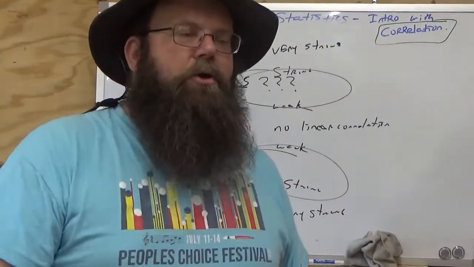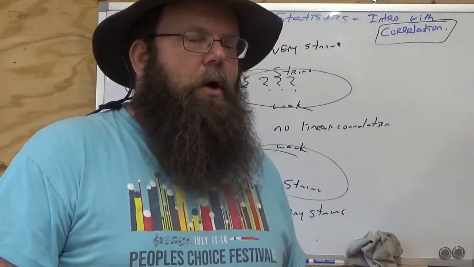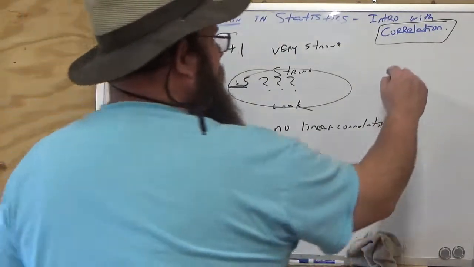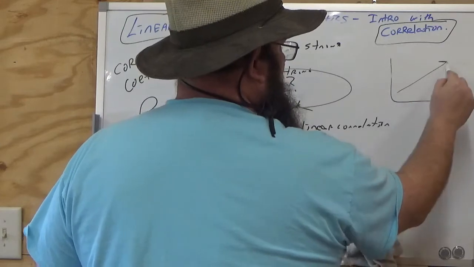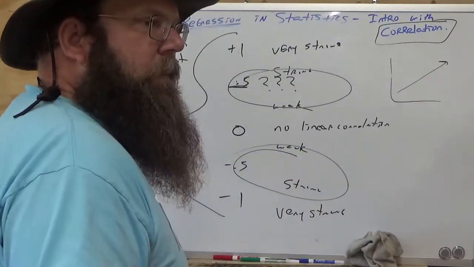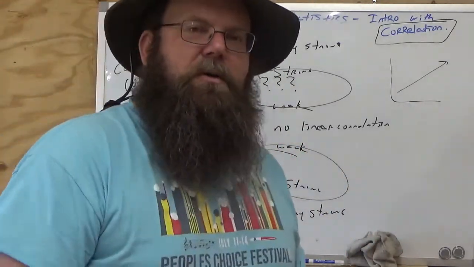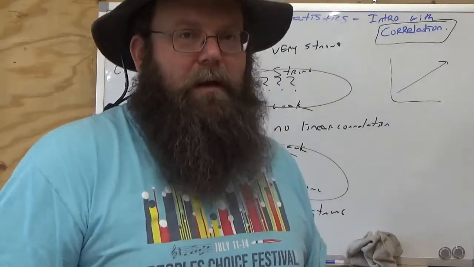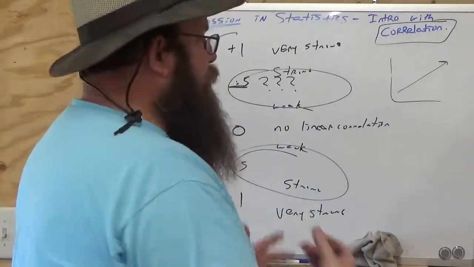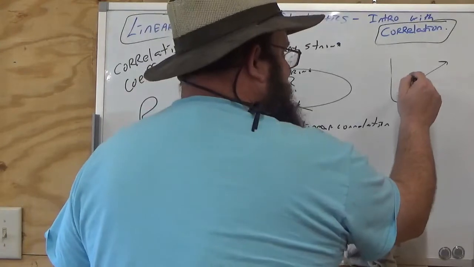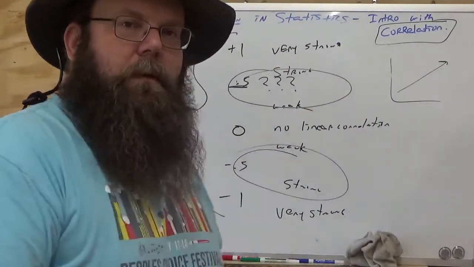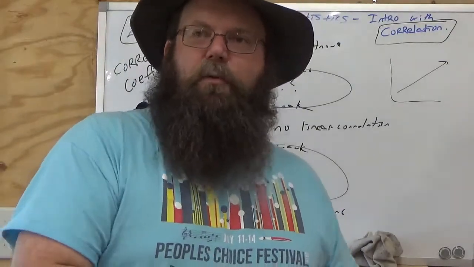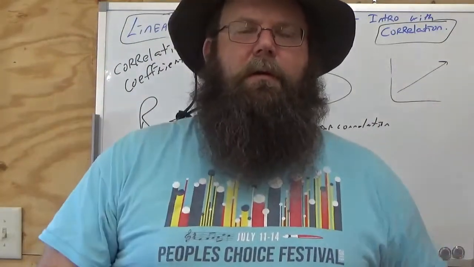Sure, it's a positive correlation. All positive tells you is that this line of best fit is somehow going up. Is it strong or is it weak? Well, what does strong and weak tell us? Remember, strong tells us that these things are packed tight, and weak tells us they're packed really loose. So 0.6 is one of those iffies.